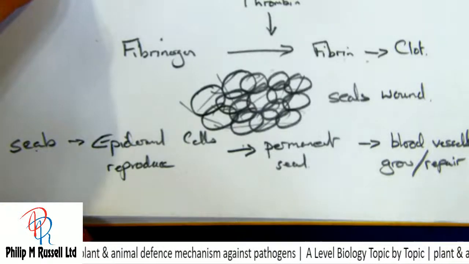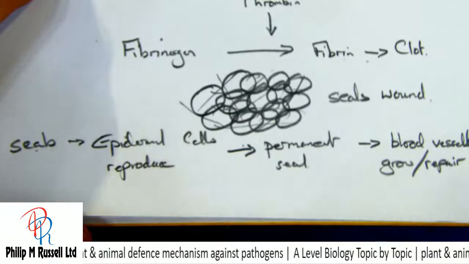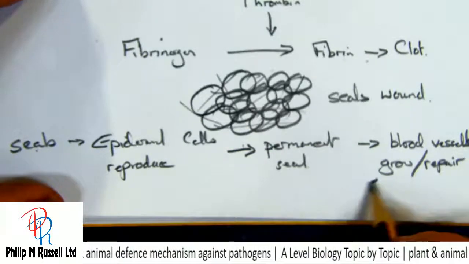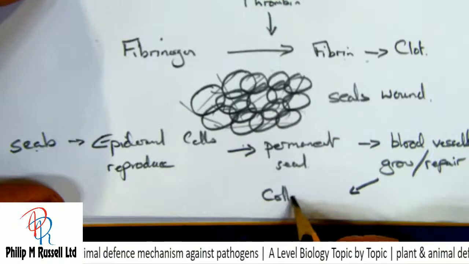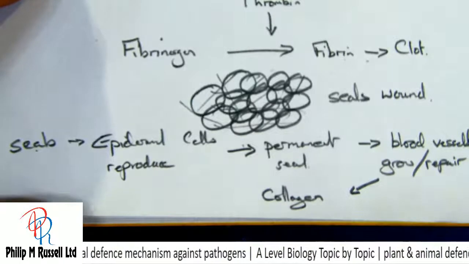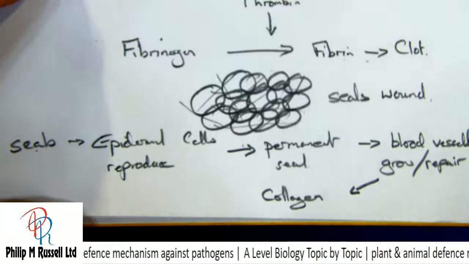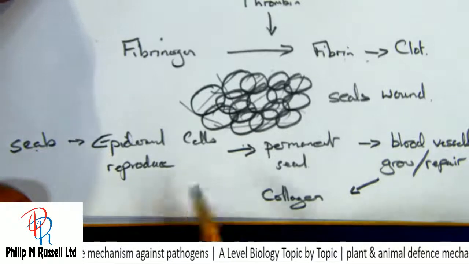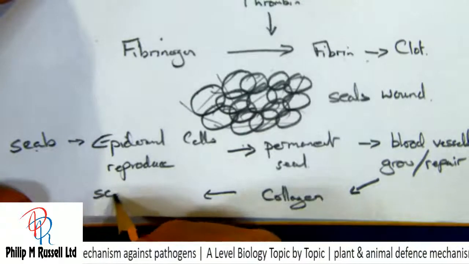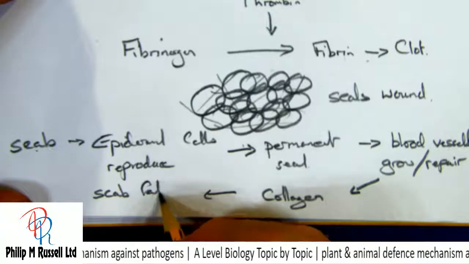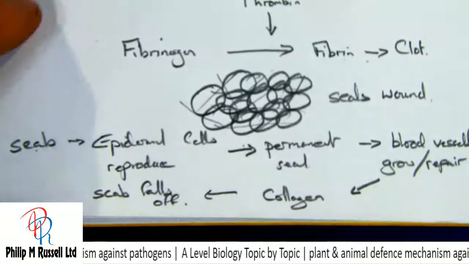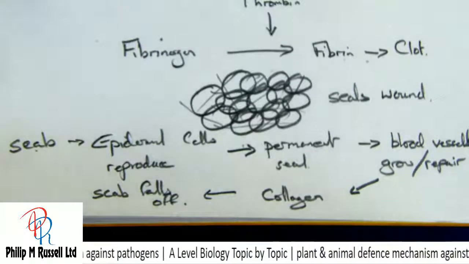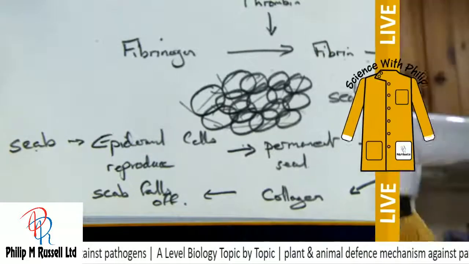Once they're done, we get collagen fibers being deposited to strengthen the system, and when the epidermis reaches normal thickness, the scab simply falls off and you're better. The wound is all healed. So that works particularly well.